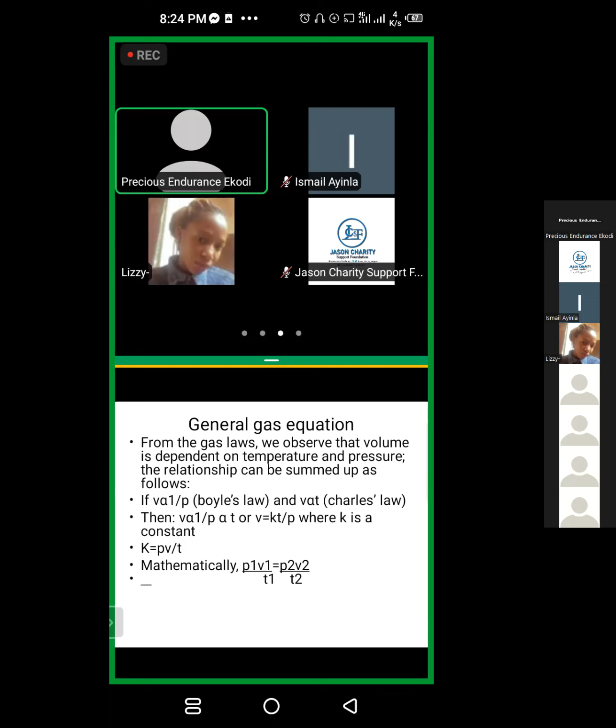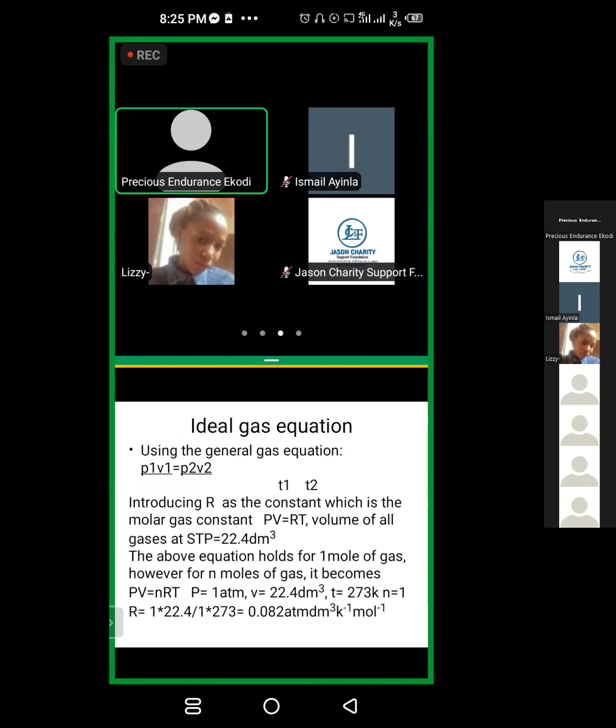So this general gas equation combines the two together. While there are some questions where they might ask you, let's say in WAEC, to state Charles' law or Boyle's law, JAMB will only ask you to solve questions based on it, not really to state the laws. That's for general gas equation. So we move to the ideal gas equation.